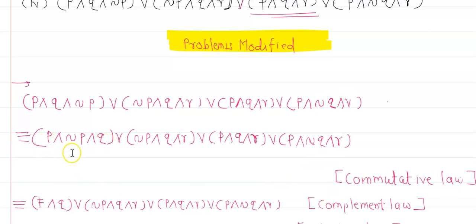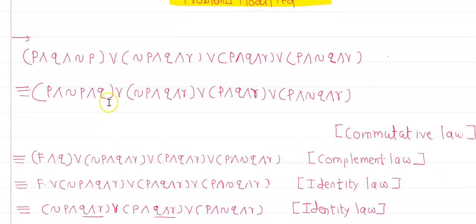Now P and negation of P is F. That is the complement law, and the other brackets are as they are here, which are negation of P, Q and R, or P, Q, R, or P, negation Q and R.